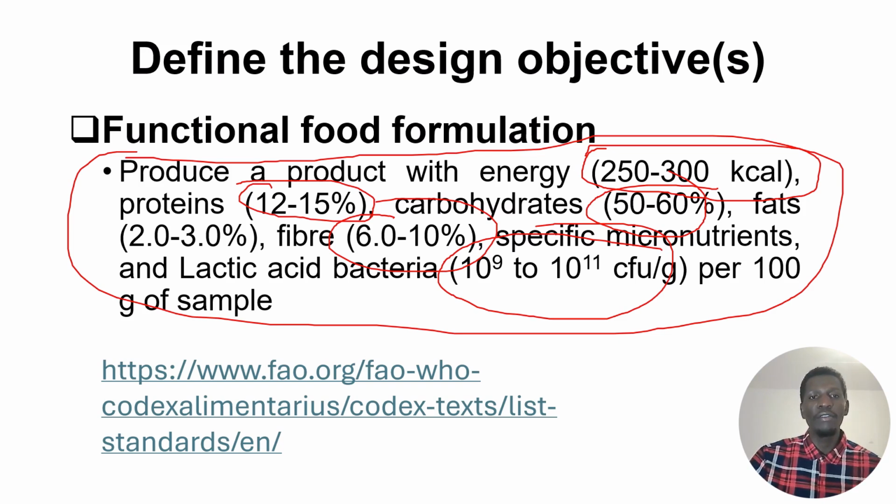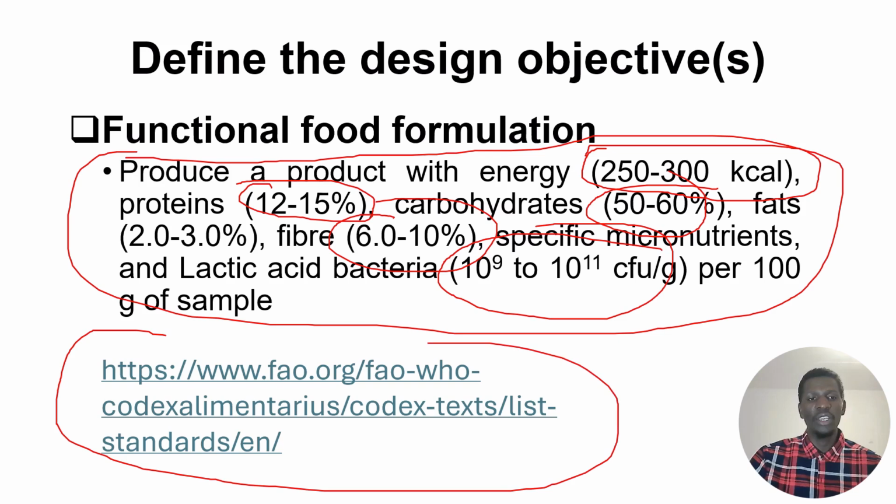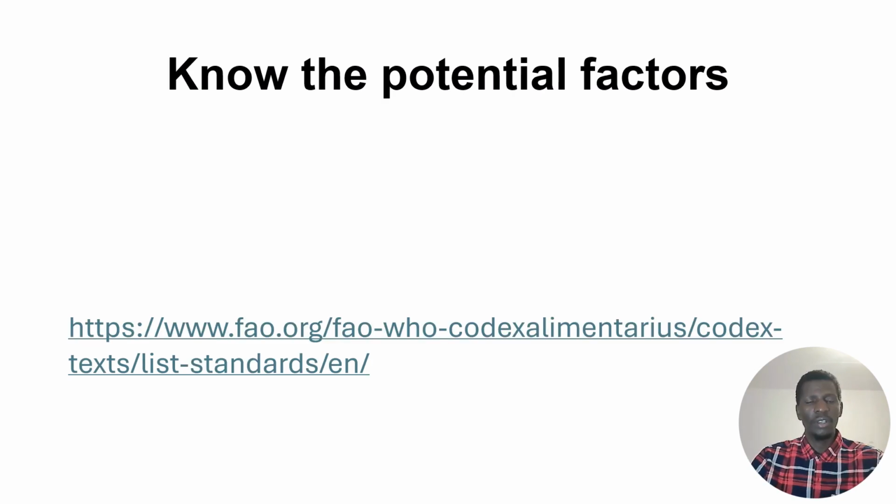And if this specification was not given, you can always consider looking at the Codex Alimentarius website to check the specifications of food products. Or you can alternatively check from the regulatory body in your country, because each country always has a regulatory body that gives specification for food products.